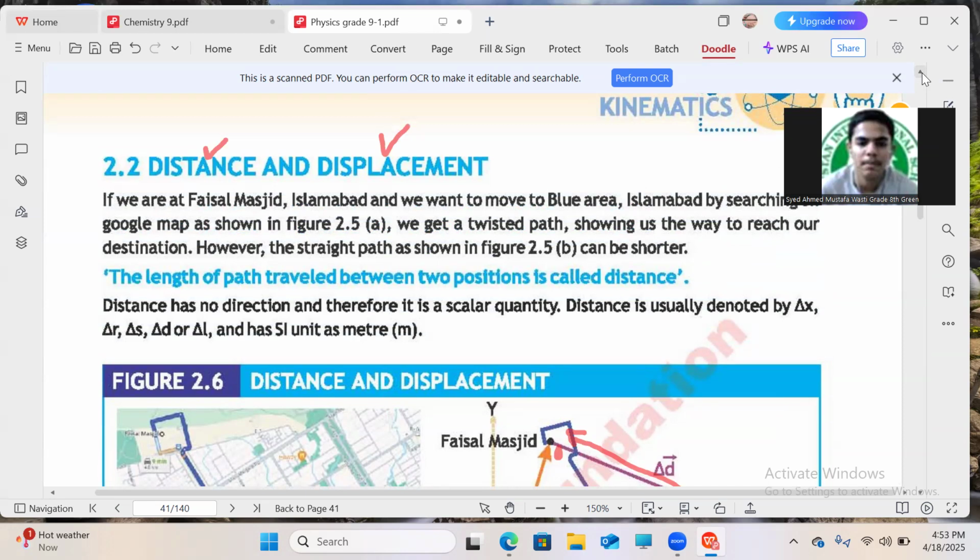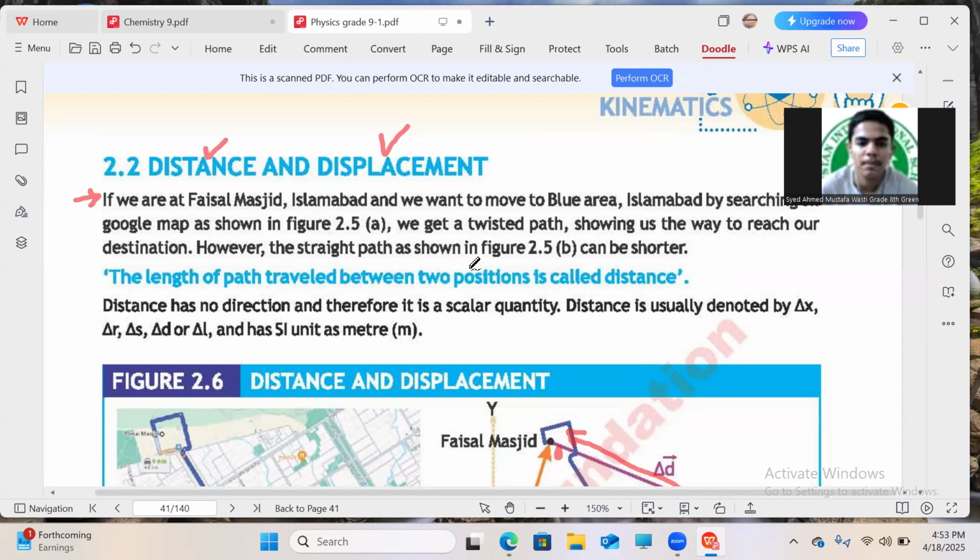Firstly, you read this. Yes, ma'am. 2.2. Distance and displacement. If we are at Faisal Masjid, Islamabad, and we want to move to Blue Area, Islamabad, by searching on Google Map, as shown in figure 2.5a, we get a twisted path, showing us the way to reach our destination.